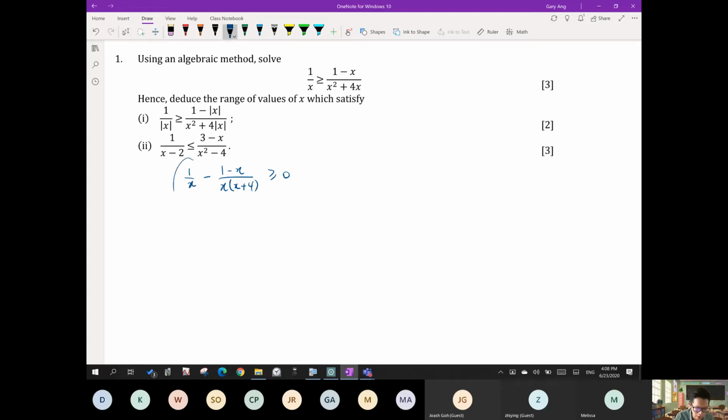The next thing is, of course, make it into a single fraction, and that's called the LCM, or common denominator in secondary school. Now, in this case, you do want to watch that you already have the denominators quite similar. I mean, there's x there, there's x there. So the LCM is actually just this. So in some sense you already know that the common denominator is not that bad, to be really honest.